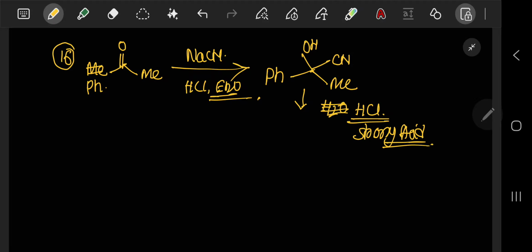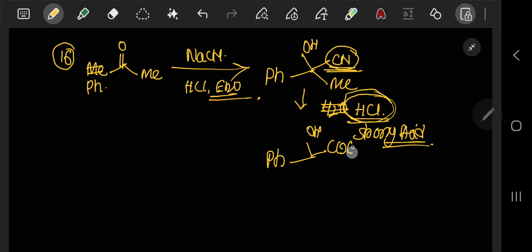So when you are treating with the strong acid, at that time what happens? Because HCl is a strong acid, it has the capability to convert the cyanide to the acid. So this is OH, CO2H and the methyl. So this will be the final product in which the CN group has been converted to the carboxylic acid.